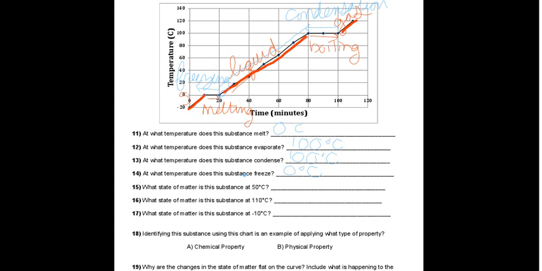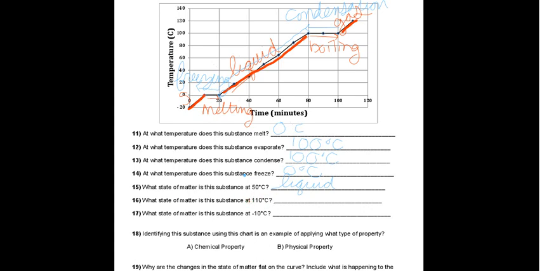Number 15, what is the state of matter at 50 degrees? So go up to your temperature, find 50 degrees. What is 50 degrees? Well, your substance is a liquid. Next question asks, what state of matter is the substance at 110 degrees?